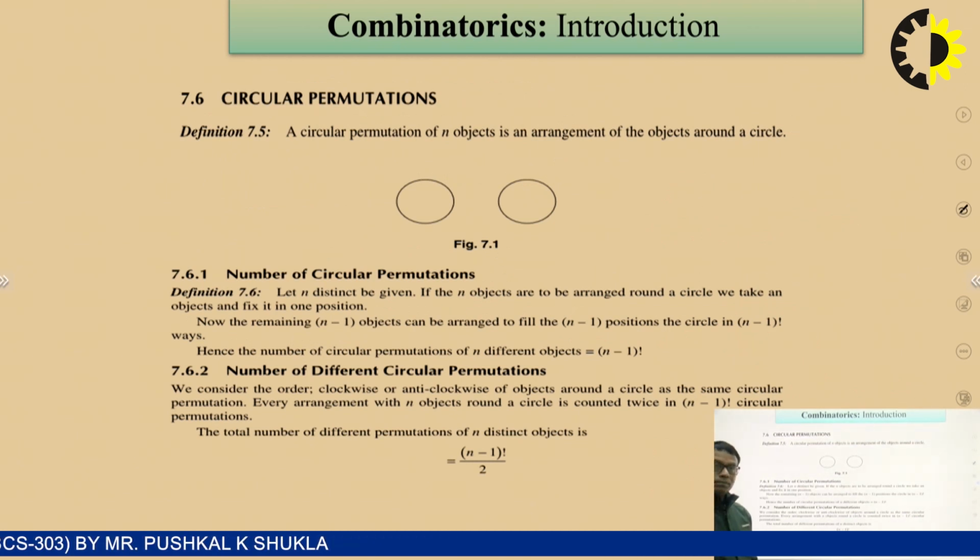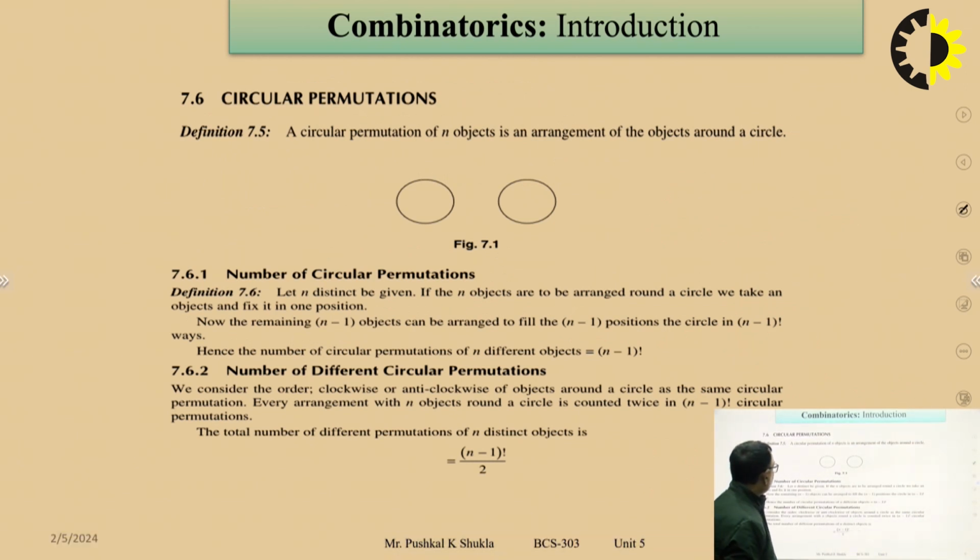Circular permutation. A circular permutation of n objects is an arrangement of the objects around a circle. For example, suppose n distinct objects are there and we have to arrange them in a circular way. So how many total permutations are there in this case?